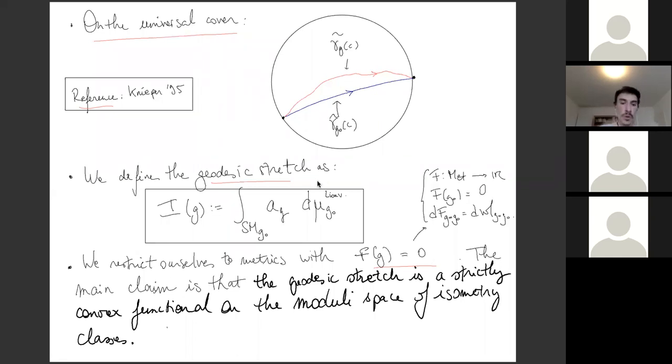The unit tangent bundle is a sphere bundle over the base manifold M, and in local coordinates the Liouville measure is the measure on the base M times the Euclidean measure on the sphere. That's the smooth measure that is preserved by the geodesic flow. It's a natural measure on the unit tangent bundle.